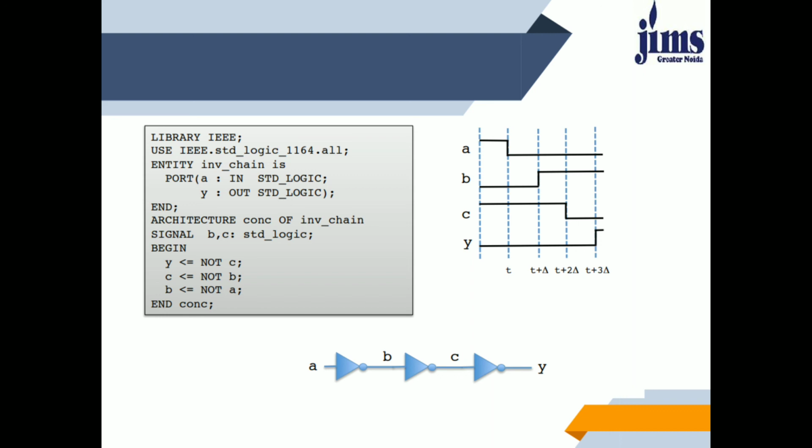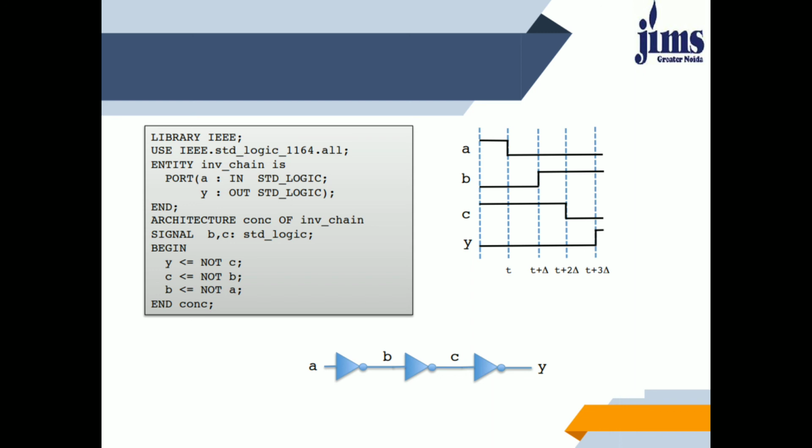In between are signals, which we need to define in the architecture. A input and Y output are of STD_LOGIC, so we can take one value, 0 or 1, that means bit values. Now we will end this entity. Here, the name of the entity can be written or can be left.